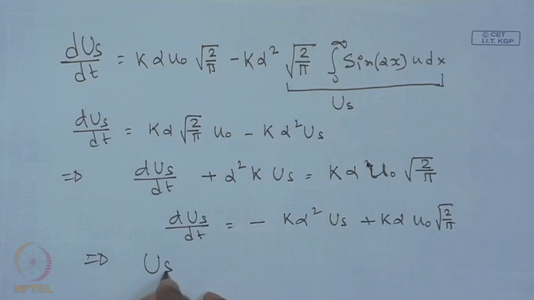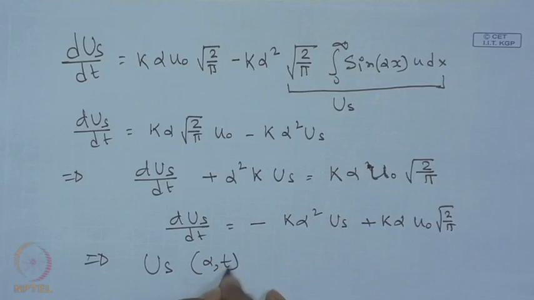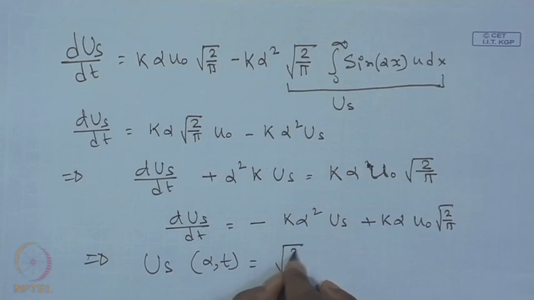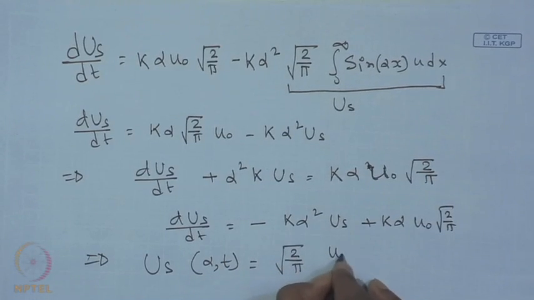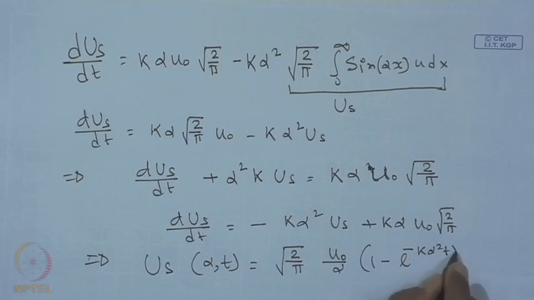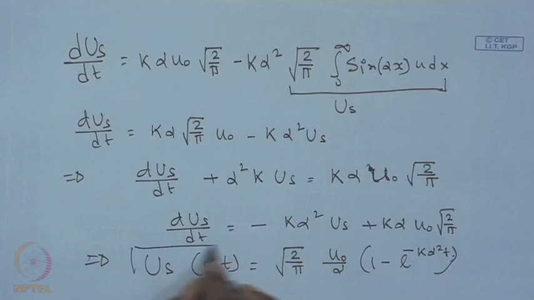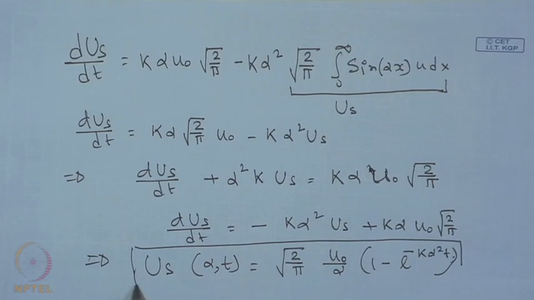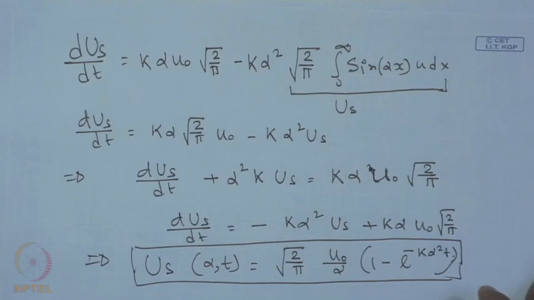So, you will be having u_s as a function of alpha and t. So, it will be root over 2 by pi u naught by alpha, 1 minus e to the power minus k alpha square t. So, that is the solution of u_s, the sine transform, as a function of alpha and t.